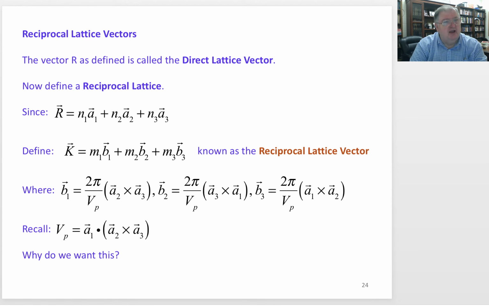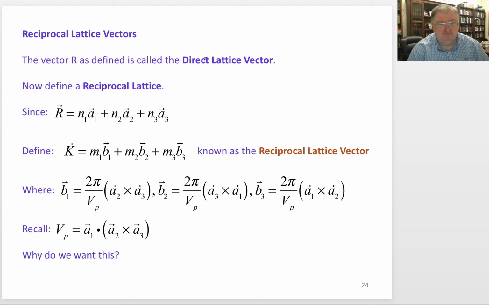So really what I'm trying to do here is capture the periodicity of this structure. To be able to identify the periodic nature of a crystal lattice, I mentioned that capital R that we defined a moment ago is known as the direct lattice vector.